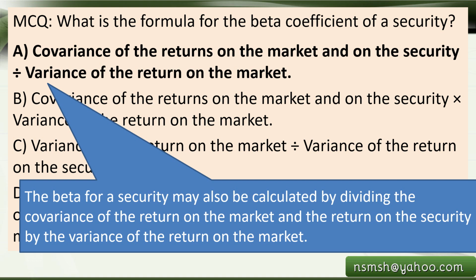The other answers are incorrect because beta equals the covariance of the returns on the market and on the security divided by the variance of the return on the market. The other options are wrong calculations because they are multiplying.